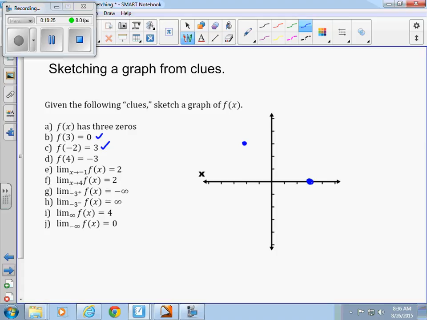I'm going to make sure every piece was taken care of. F of 4 equals negative 3. If this were on a test, that'd be 3 easy points. I haven't even done calculus yet.